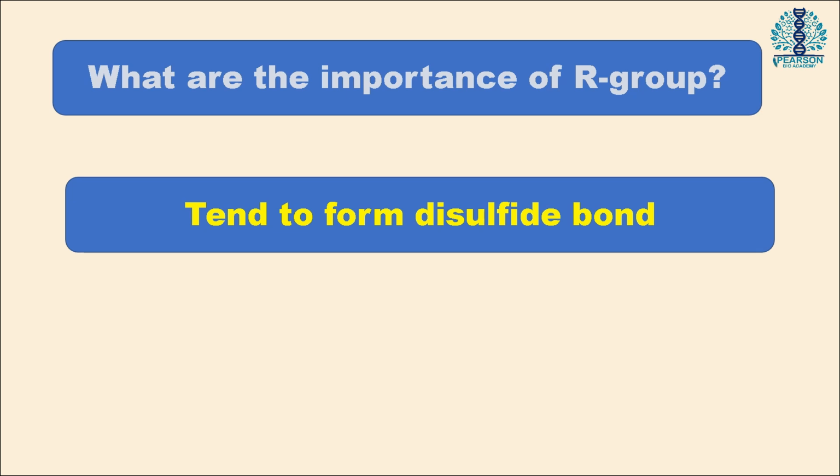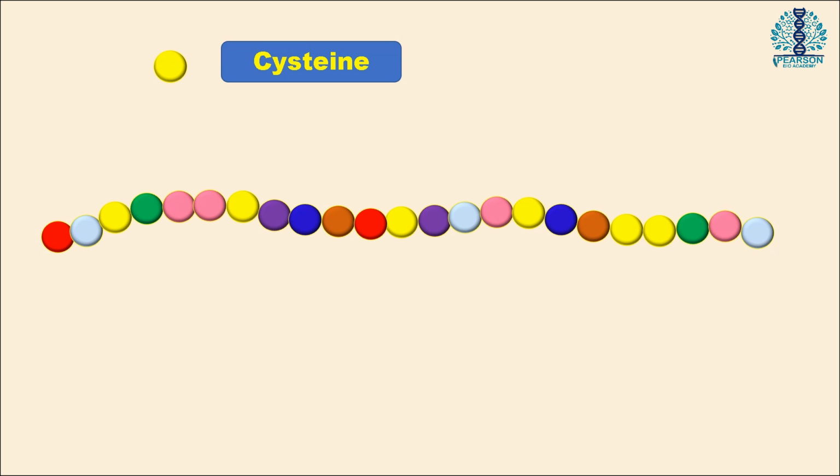Next we will move into the other important roles of R groups, and one of their key roles is the ability to form disulfide bonds. The basic idea is that if amino acids want to form a disulfide bond, they need to contain sulfur. As you know, cysteine is the amino acid that has sulfur in its side group.